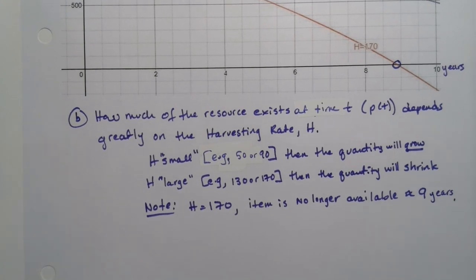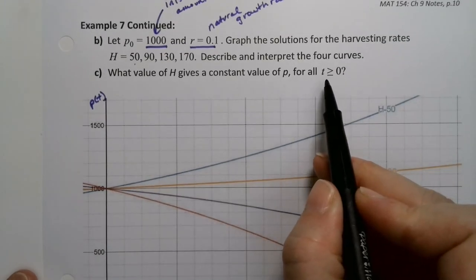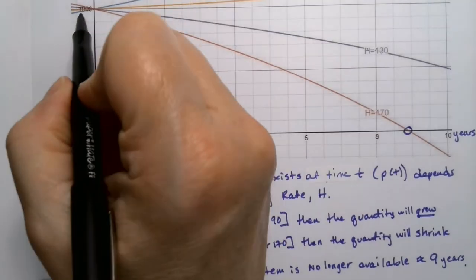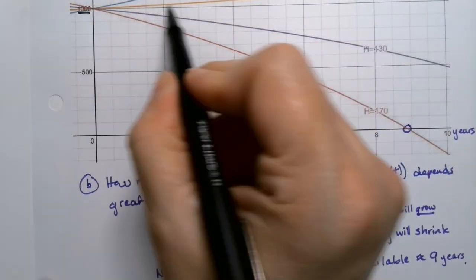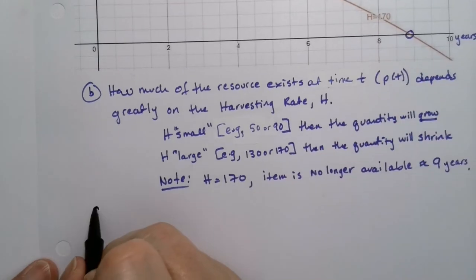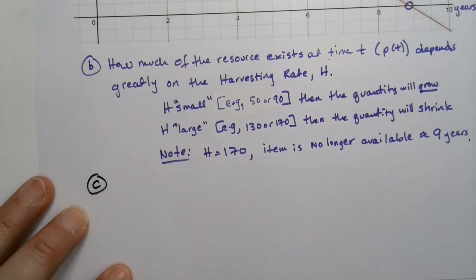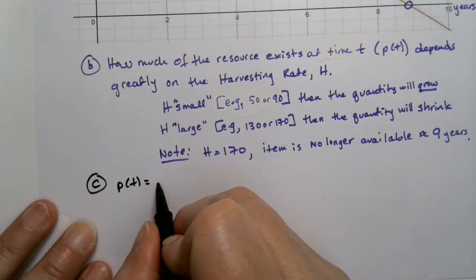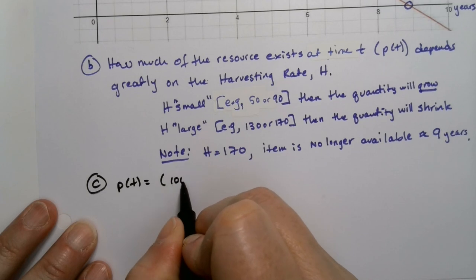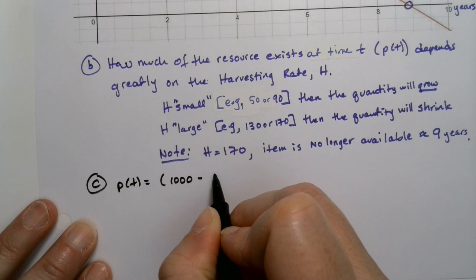Now for part C, they want to know what value of h gives a constant value of p for all t. All right, so we started off at 1,000, so that would be where we want to stay constant at. So the constant rate we want is right there. So if we look at letter C, it would be P of t equals, and then our initial amount was 1,000 minus h, which I don't know, but over r.